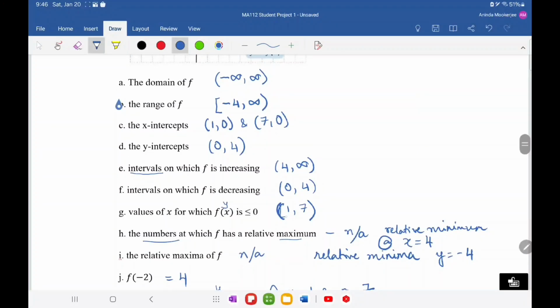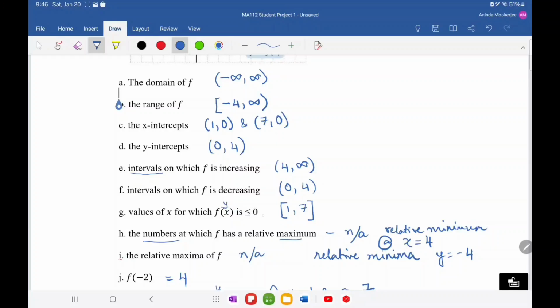However, the brackets should not be round brackets here. So I'm going to go and erase this and write the interval as 1 comma 7 surrounded by square brackets because 0 is included.